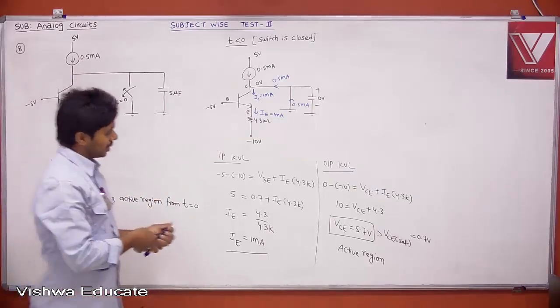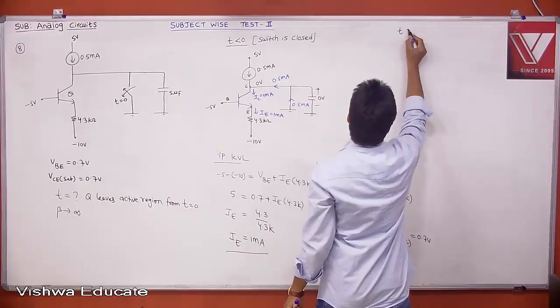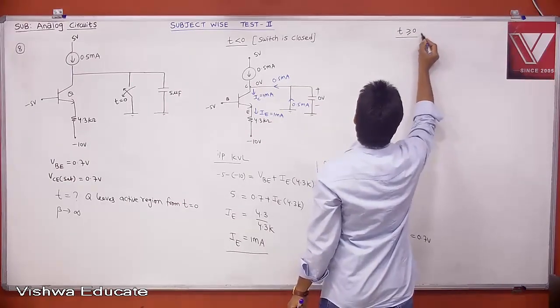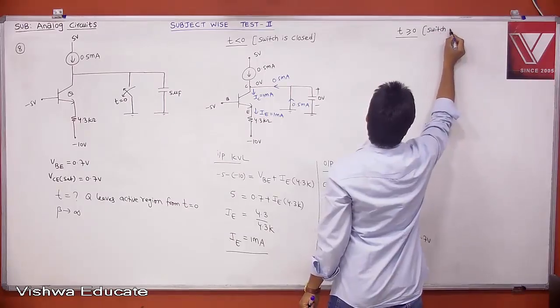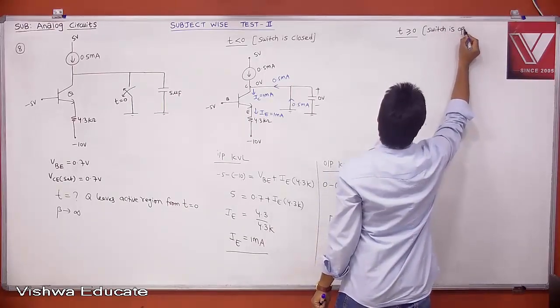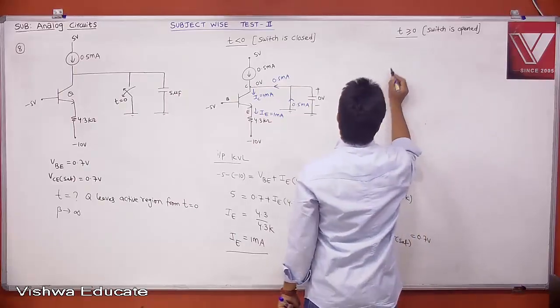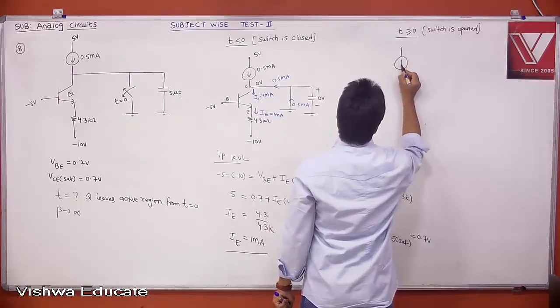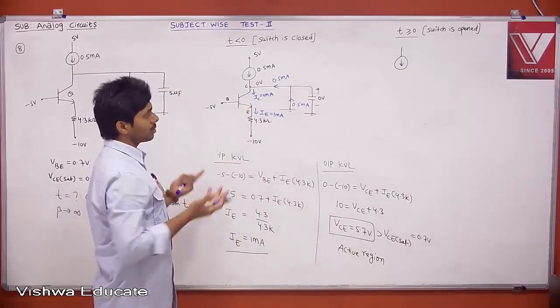Now what he is saying is, at time t equal to 0 or t greater than or equal to 0, your switch is opened. Then it is like this is your current source. Remember, if the BJT is in active region, that is also a current source.